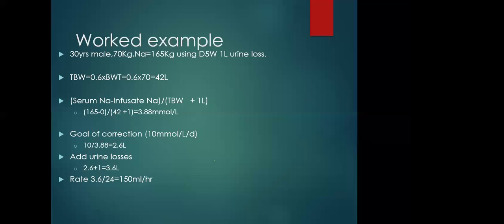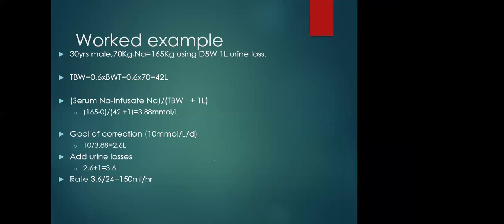So that is the water deficit in this patient reflected in the amount of the sodium, so this is the amount of sodium and water deficit that is required to be corrected.